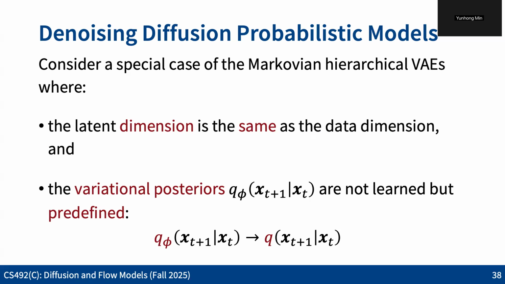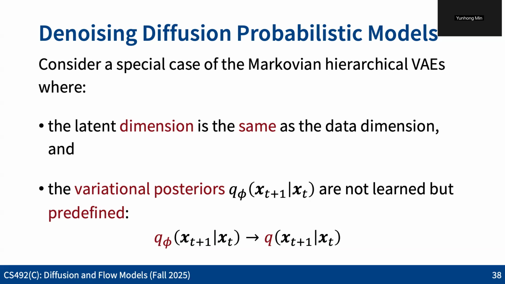So we are dropping the neural net parameters here. This is not learned; this will be predefined. Then the question is, even when we predefine the variational posterior, will it minimize the ELBO function? That's what we are going to see today.